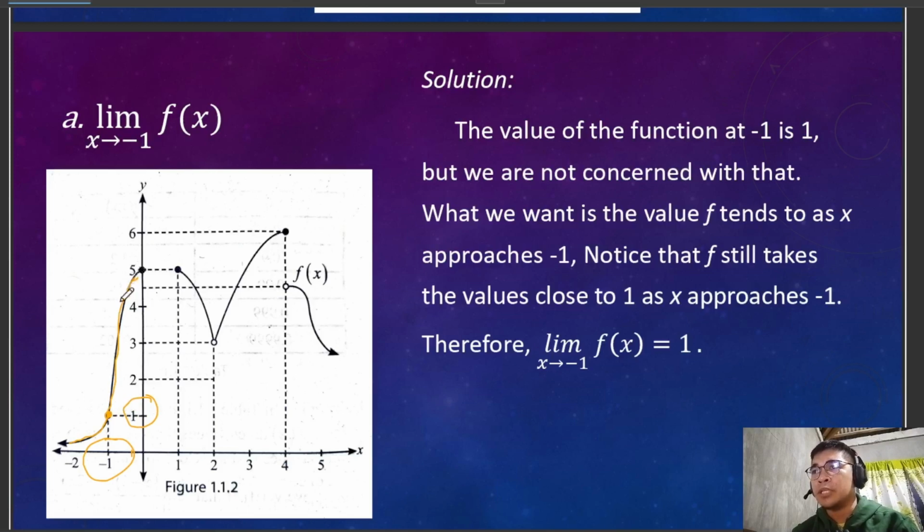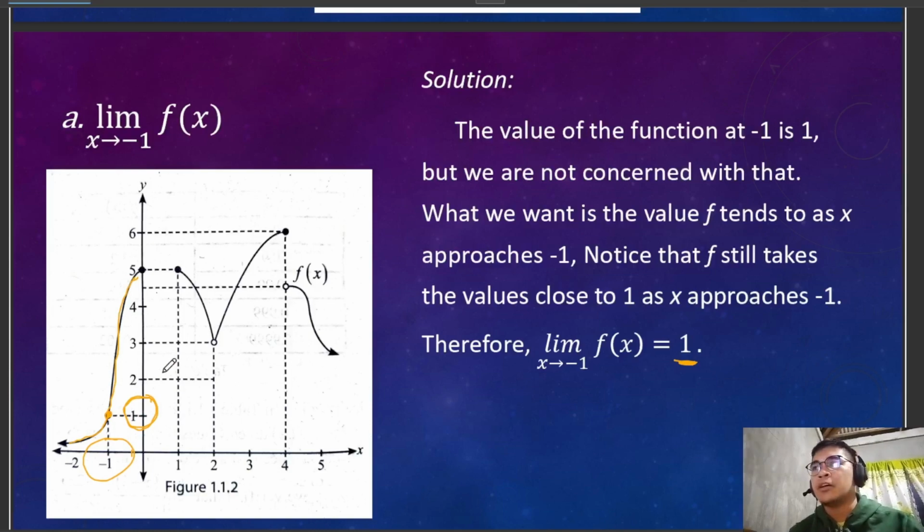So there is a limit. From the graph alone we can see that there is a limit. The answer now is 1.